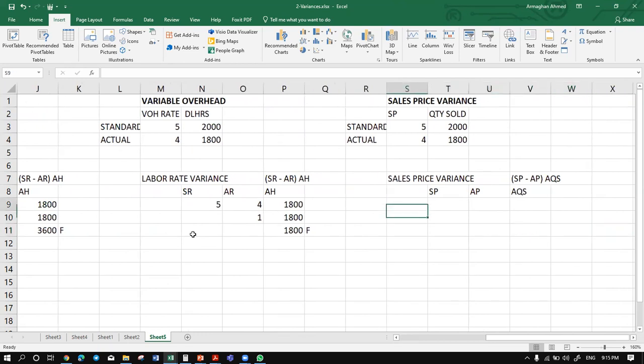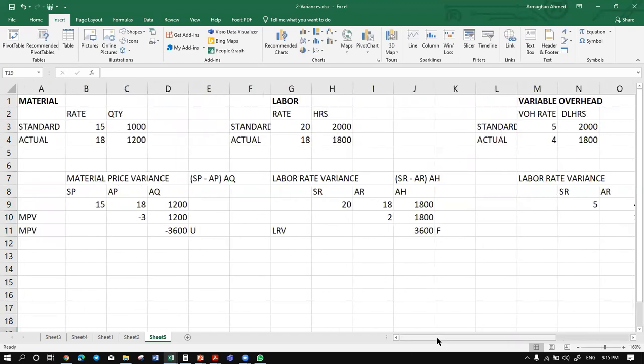So what we can do in this case is keep the actual first and standard later. Did you understand this point? Simple way: in the cost variance, keep standard first, standard minus actual.